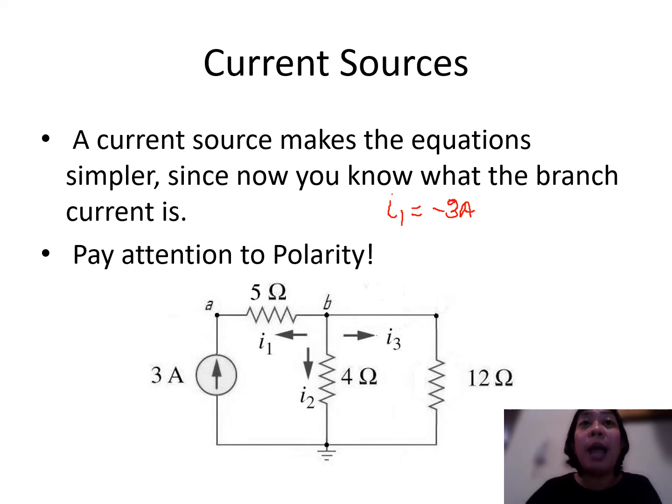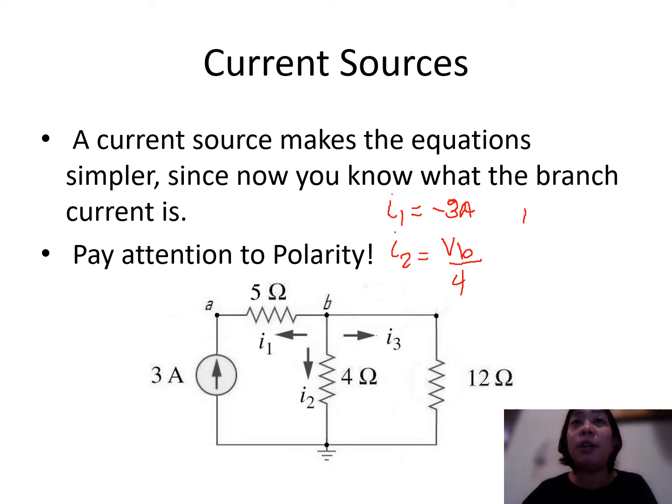Okay, so for our I2 it will be the same. Our I2 is equivalent to VB divided by 4, like in our previous examples. And then for our I3 here, since this is already zero potential again, current I3 will be flowing across your 12 ohms here.